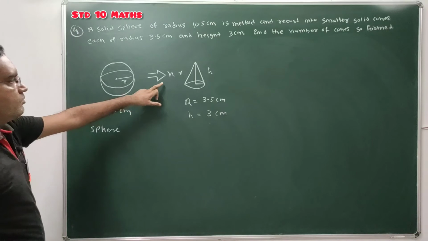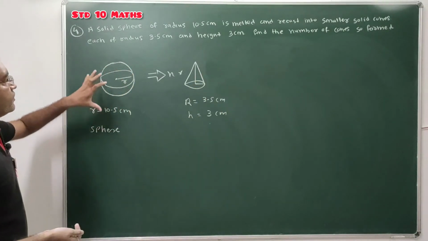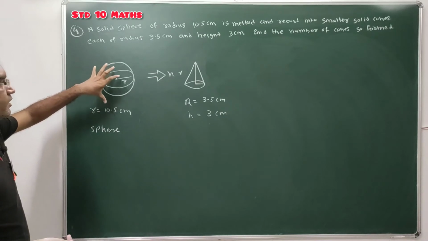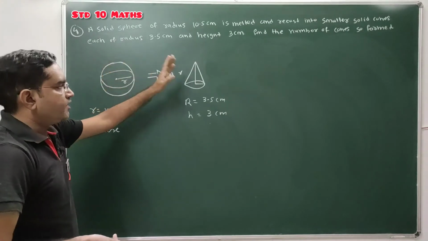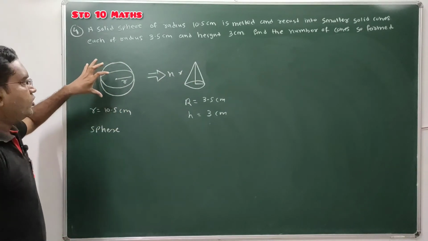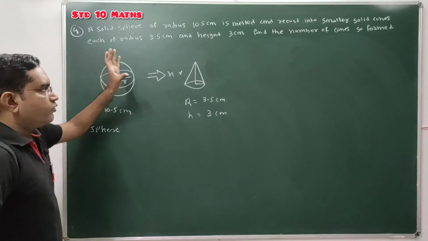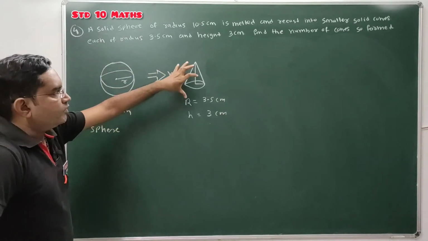Let's assume n number of cones are formed. We have to melt this sphere and recast it into another form. So the total volume of material used in this sphere is equal to the volume of all these cones.